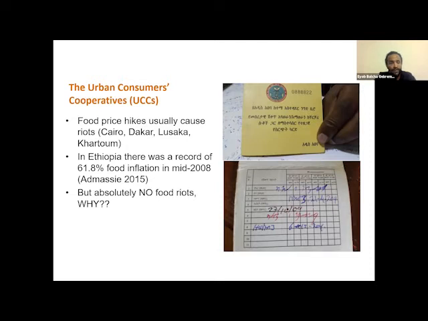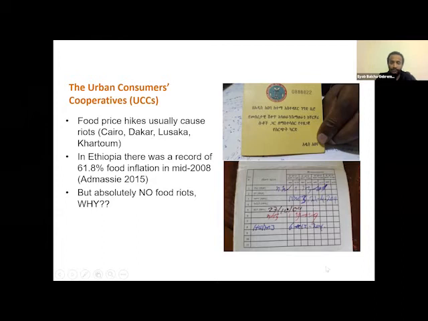What the PRDF managed to do was to mobilize the urban poor, who were at the receiving end of this food price inflation, and have them organized as key actors in the distribution of essential food items.